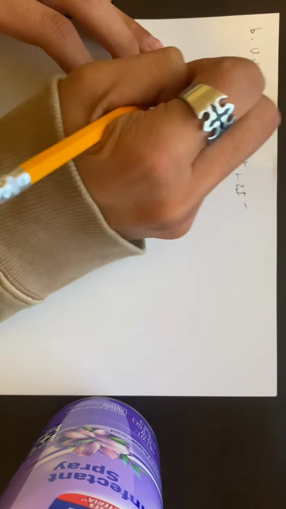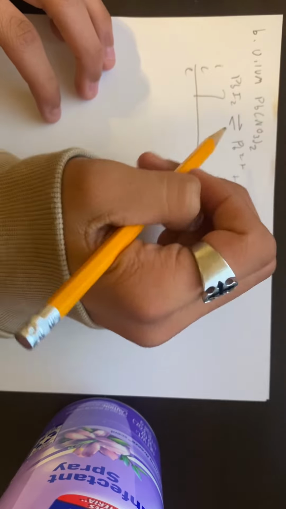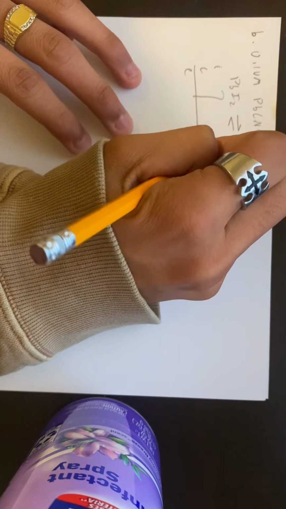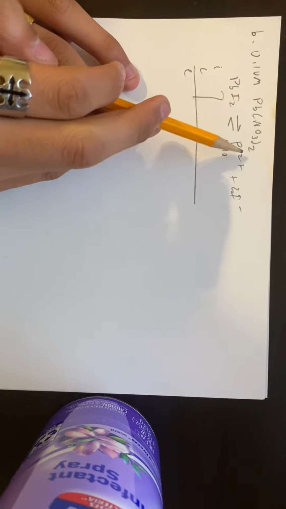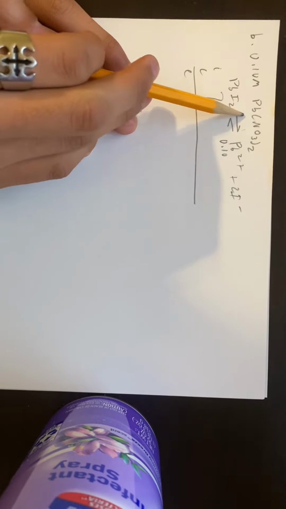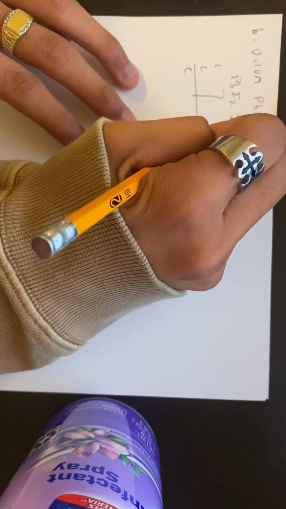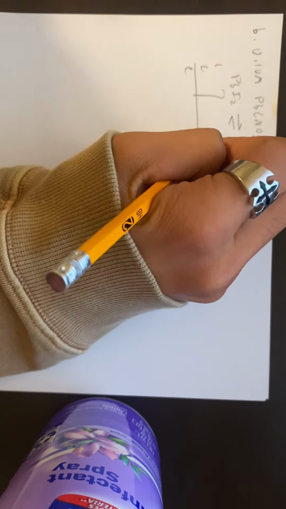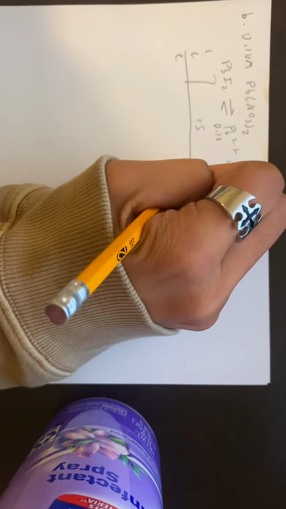And using the ICE chart, this is going to be 0.10 since Pb(NO3)2 is a 1-to-1 mole ratio of the Pb here. We're going to be using 0.10 as the initial concentration that we're given, and this is going to be S, 0, and then this is plus 2S.